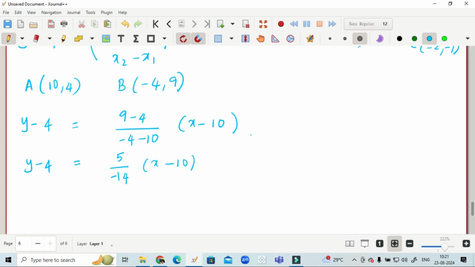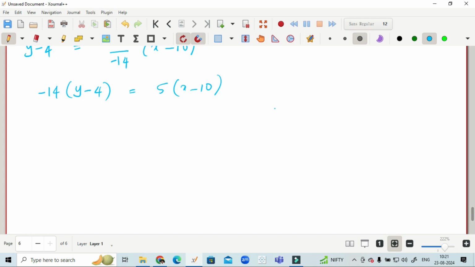We just cross multiply it. So -14 into (y minus 4) equals 5 into (x minus 10).